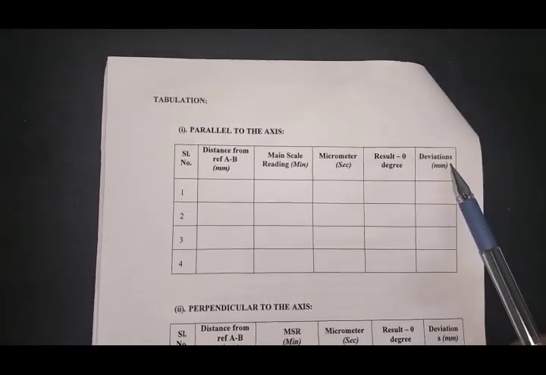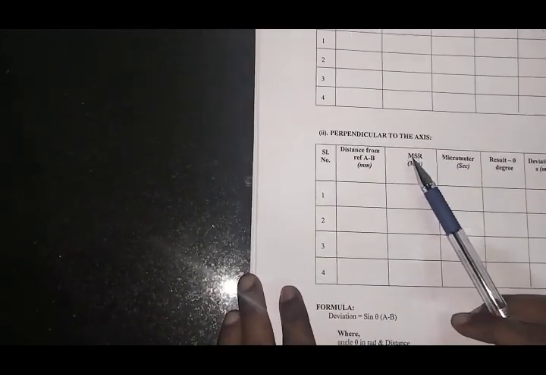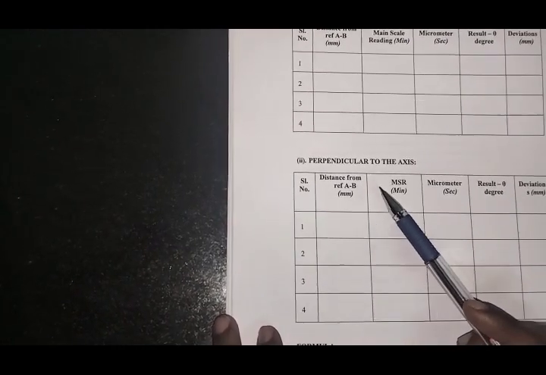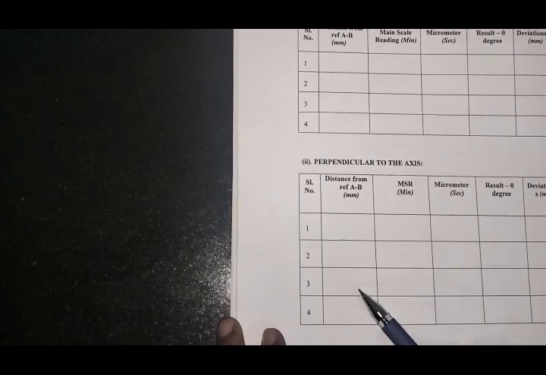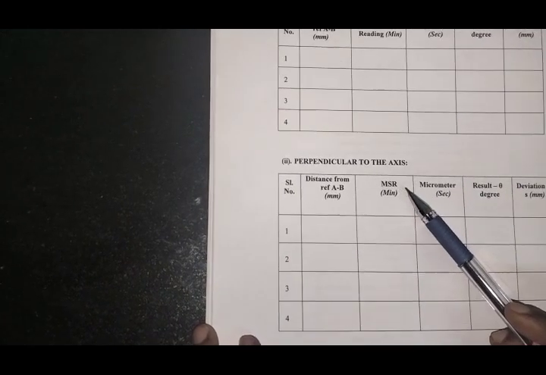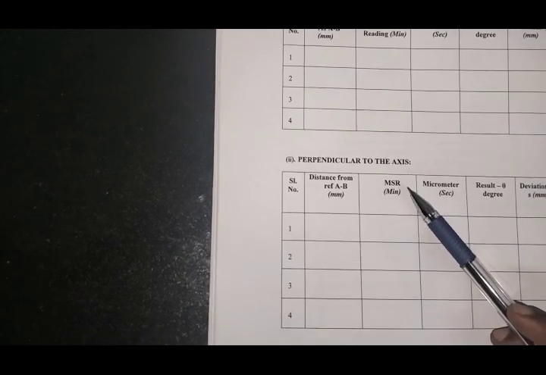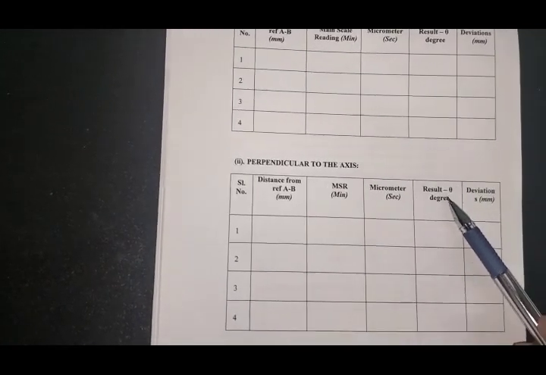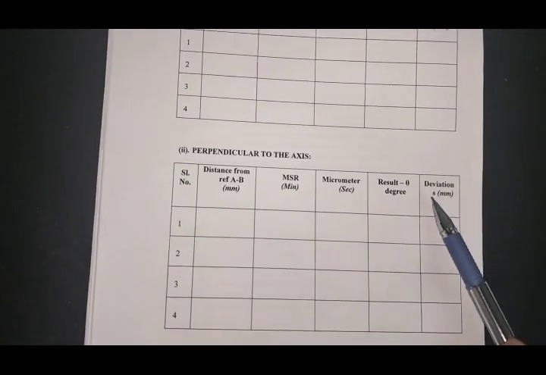Similarly for the perpendicular to the axis, the distance from reference A to B is fixed at standard values like 30, 60 and 90. The MSR units inside the optical scanner we note in minutes, the micrometer we calculate in seconds, then the result in degrees. Finally the deviation we get by the formula.